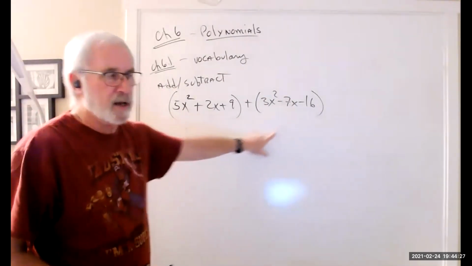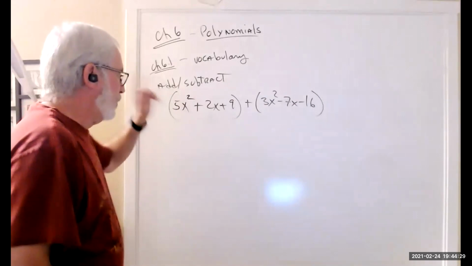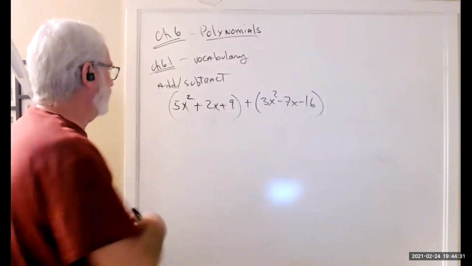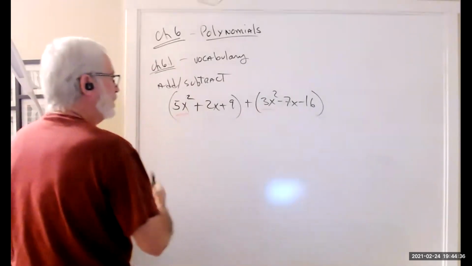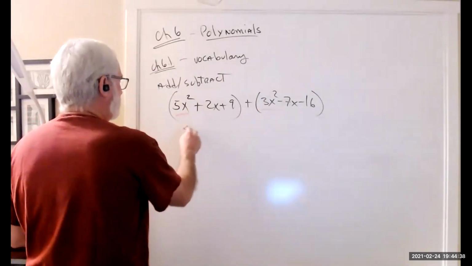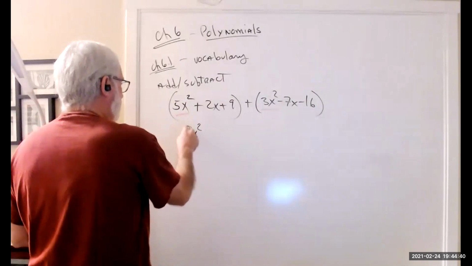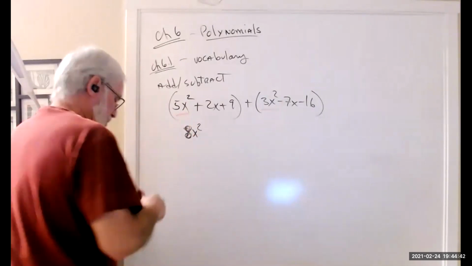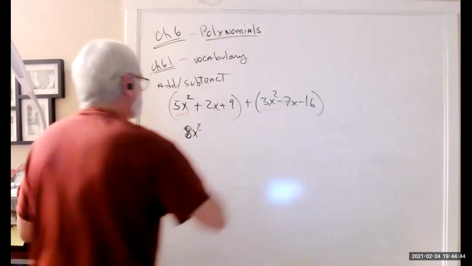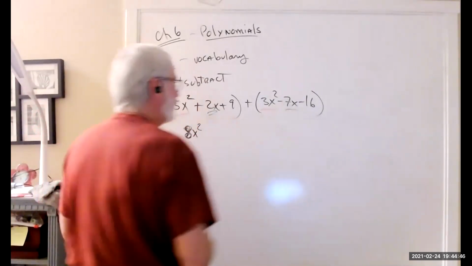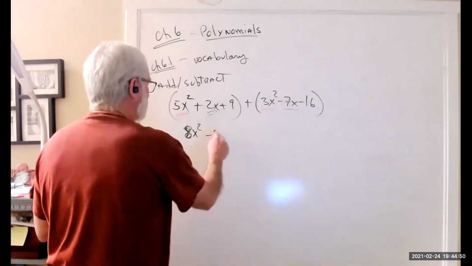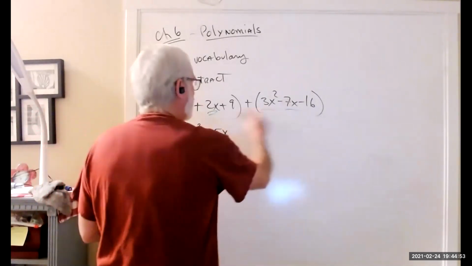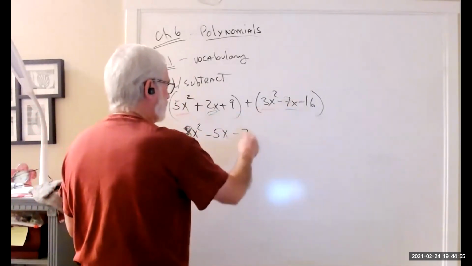So when we add these, again, like terms, we get 8x squared. More like terms, negative 2x and negative 7x is minus 9x. And 9 take away 16 is minus 7.